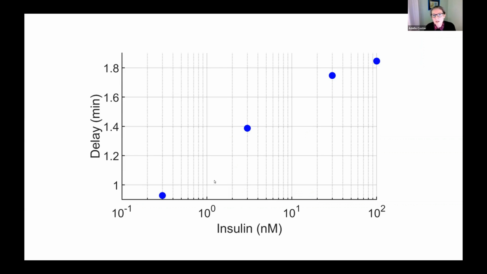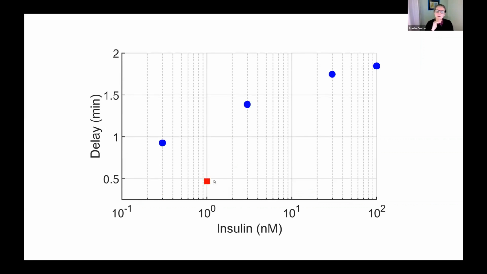So let's put that in context with the AKT that we saw though. The AKT delay was about 0.4 of a minute, and that was at 1 nanomolar. And so, nicely, that delay is less than the delays we are seeing on a downstream effector. So perhaps what we've got is a divisor.